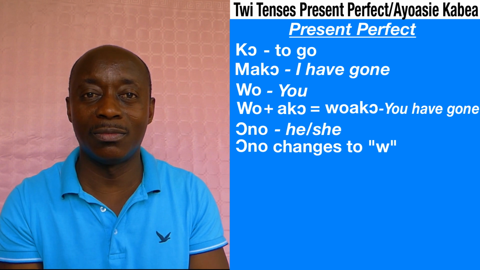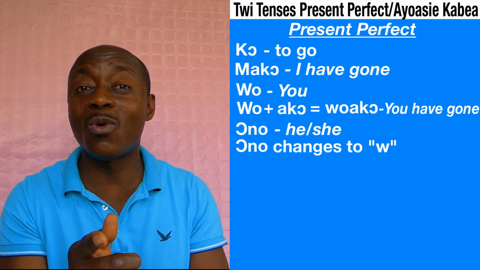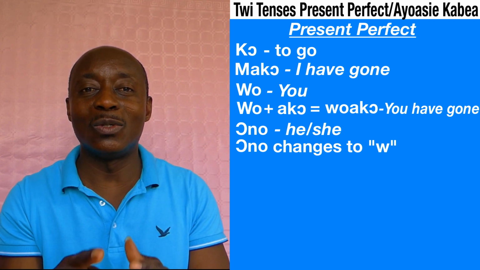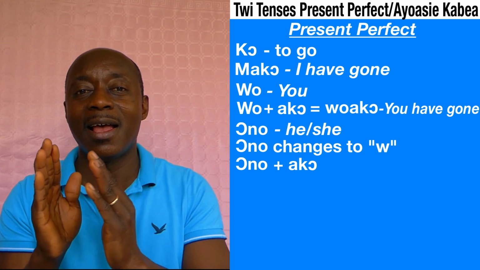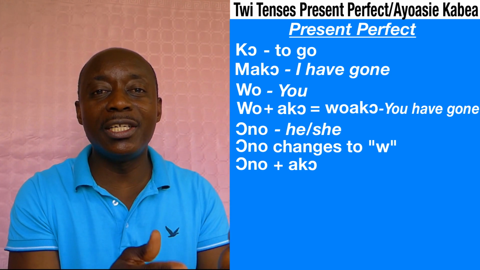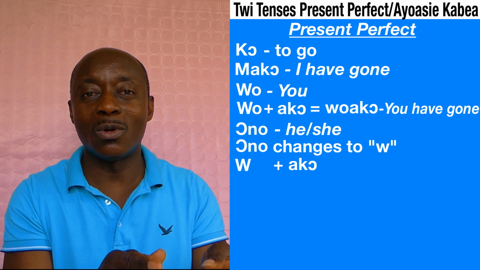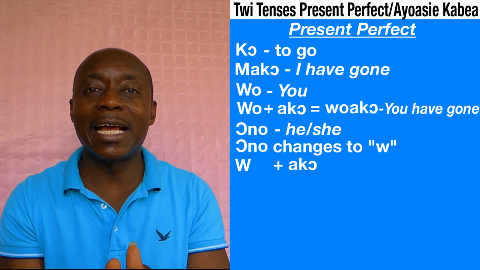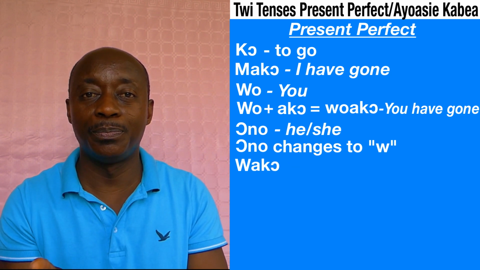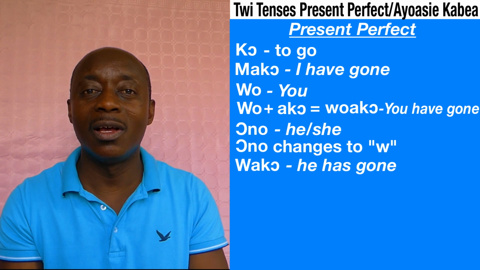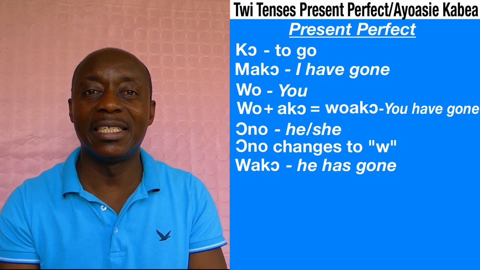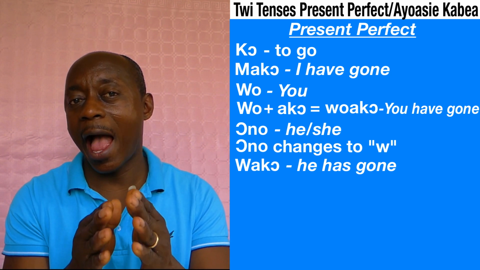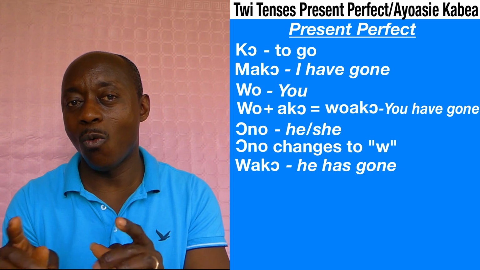That is W. Ɔno changes outright to W. So we have W plus akɔ, and at the end we'll get wakɔ. He has gone. So look at this. It is we plus akɔ, or wakɔ.